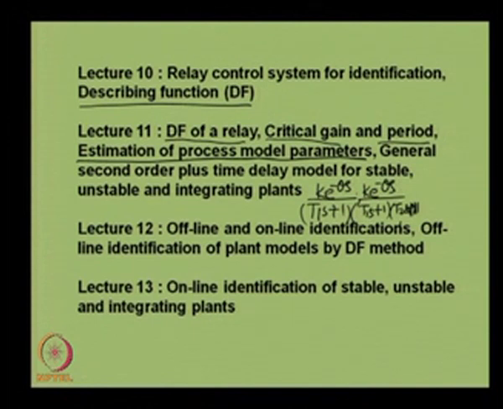Now, when I put a minus over here, I get an unstable second order transfer function model, and when we let T2 tend to infinity such that k upon T2 tends to some finite value, we get a transfer function model that can be shown as k e to the power minus theta s upon s (T2 s plus 1), which gives us a transfer function model for an integrating second order plant.